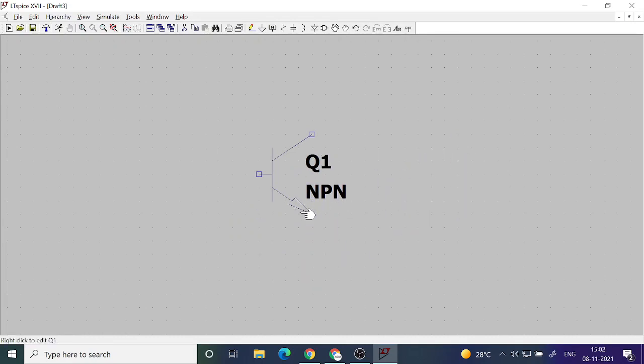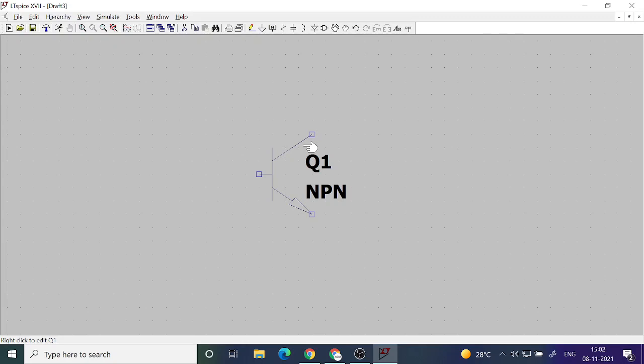This is the emitter. Then you have the base, which is the one on one side of the vertical line. And then you have the collector. E, B, C are the capital letters normally used to signify emitter, base and collector.